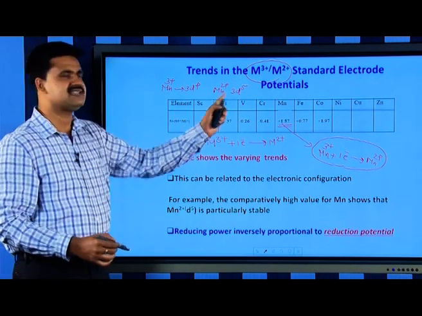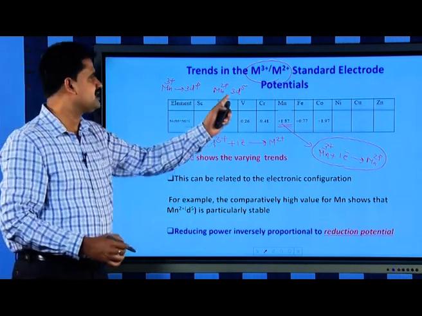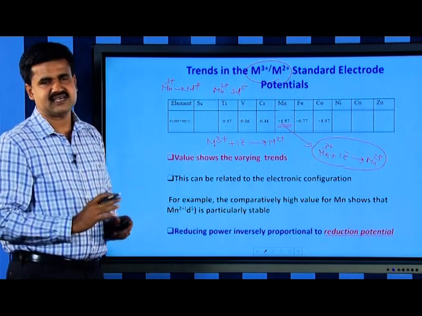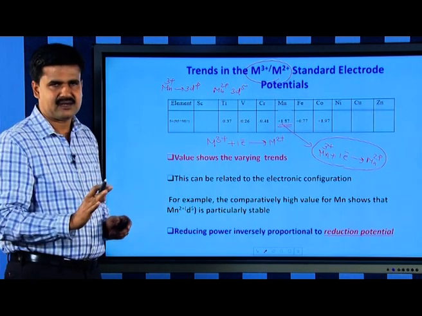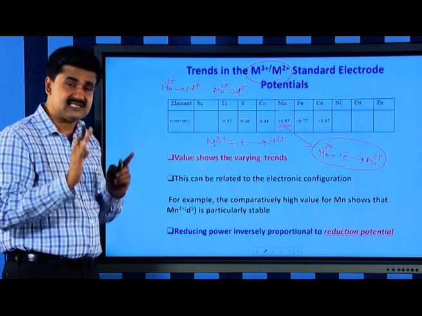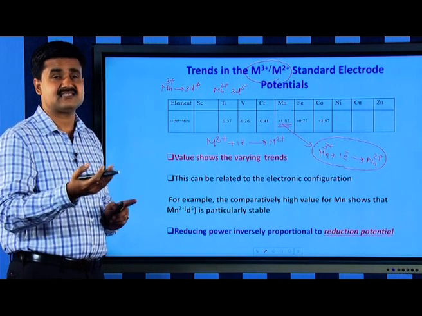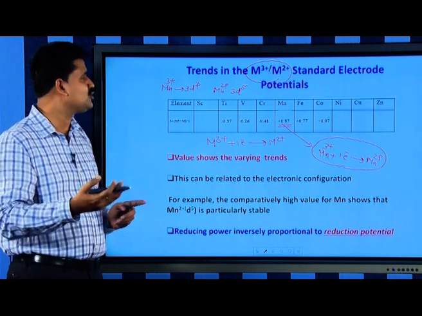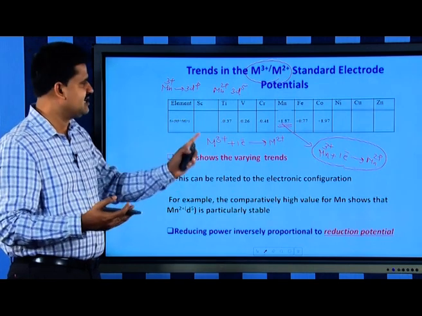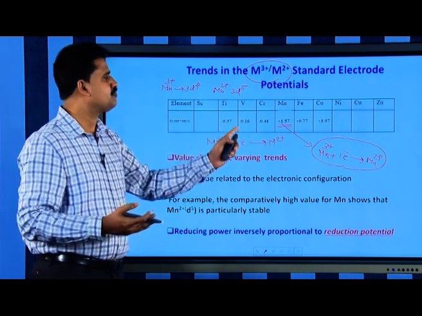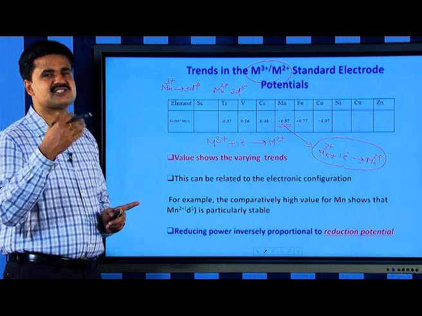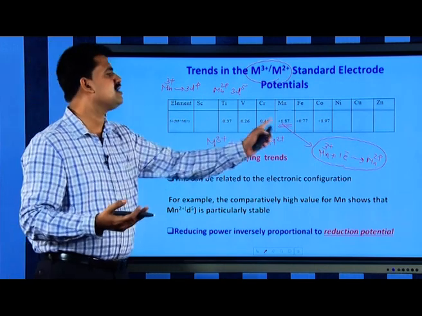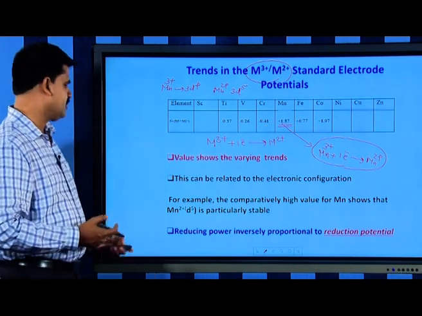Comparing 3d4 and 3d5, it is observed that 3d5 is a half-filled configuration which is highly stable. So, Mn3+ as such has a high tendency to get reduced to Mn2+. That is why the Mn3+ to Mn2+ reduction potential value is a high positive value.